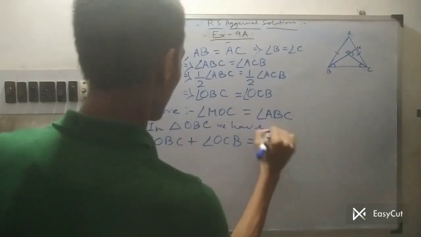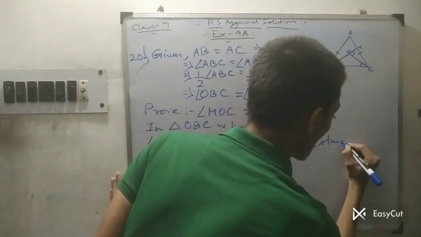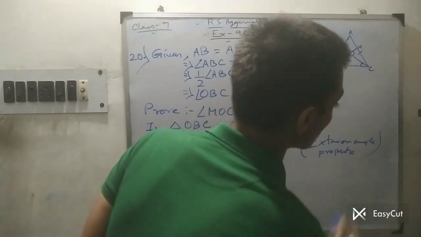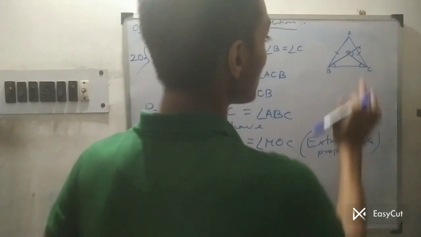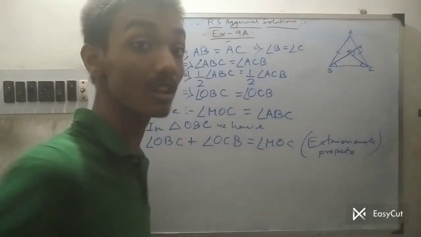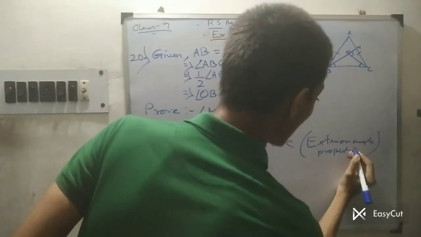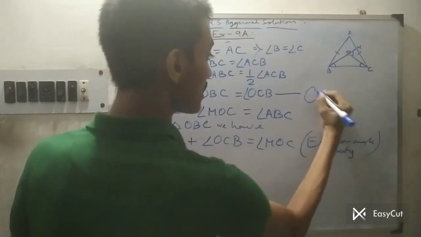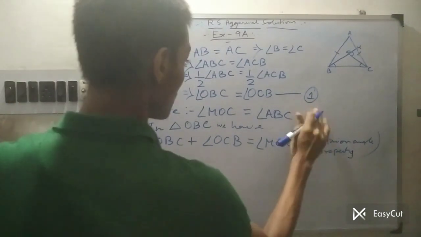We have, why? Exterior angle property of a triangle. The sum of any two interior angles of a triangle is equal to the exterior angle of the third angle of the triangle. Now here we will name this one again for more accuracy.